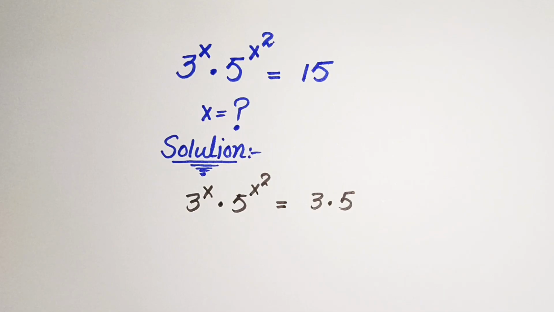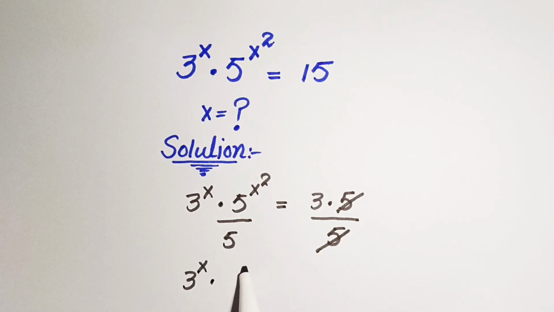Now if we divide both sides by 5, this 5 can be cancelled out, so we get 3 to the power x times 5 to the power x squared divided by 5, that is equal to 3.